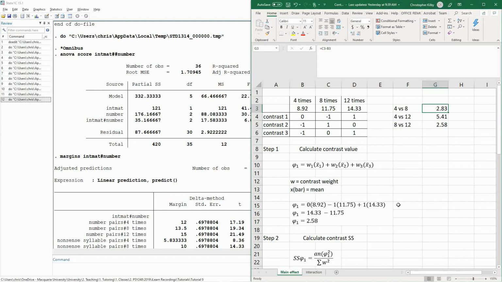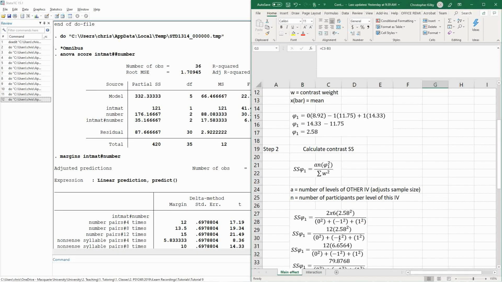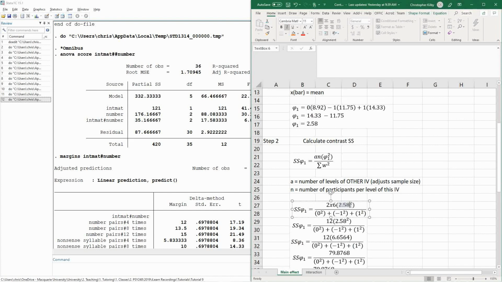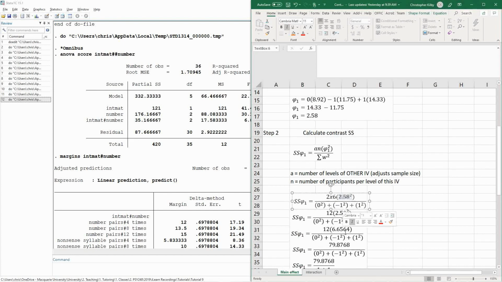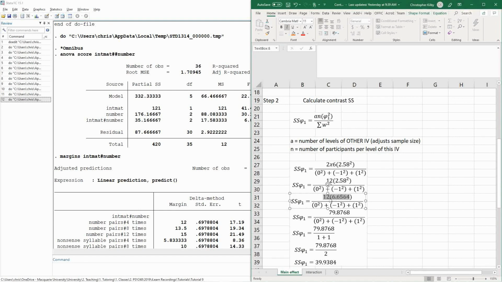If I just took a second now to actually do that, we would get a contrast value here of 2.83 instead of 2.58. All of this math would effectively stay the same, except this would now be a larger number. 2.83 squared is going to give me a number larger than 6.652, which means when it's multiplied by 12, it'll give me a larger number here again.